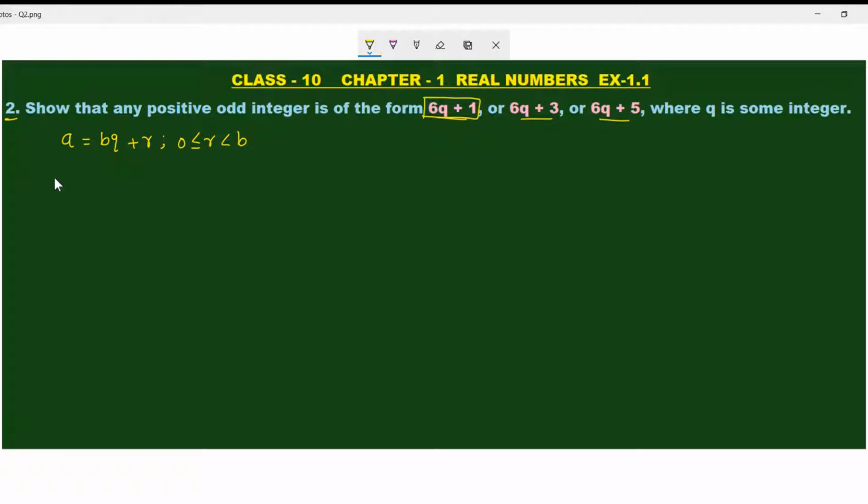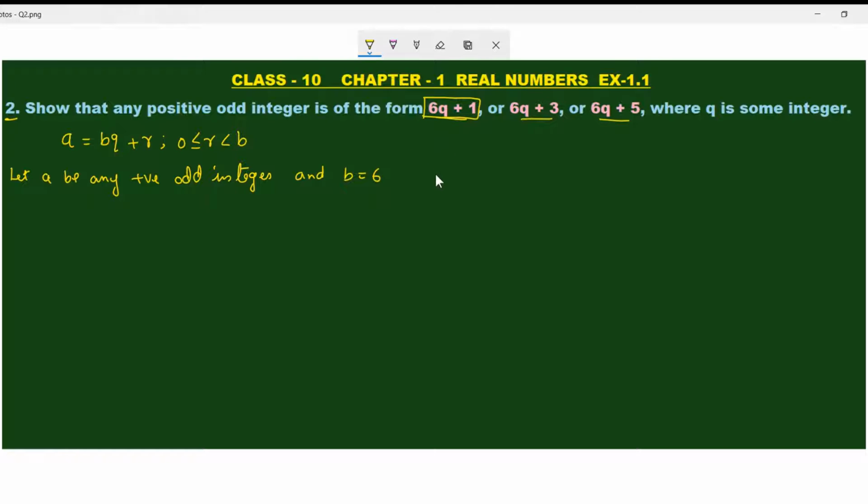Now, what we are going to do, we are going to assume let A be any positive odd integer, because we need to prove an odd integer can be written in the form like this. Here you can see this is in the form of BQ plus R, where B is 6.